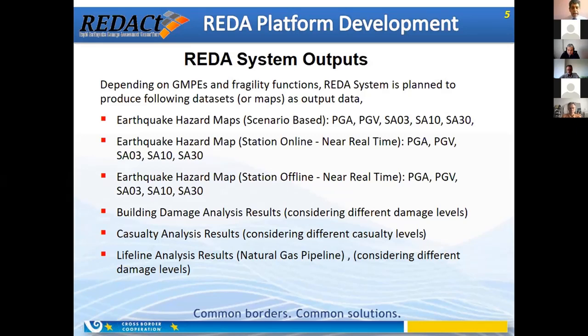And what else will be the outputs? The building damage analysis results for different building types and for different damage levels. We will have the casualty analysis results depending on the building damage analysis results, with different casualty levels.